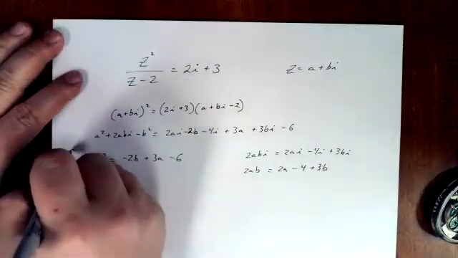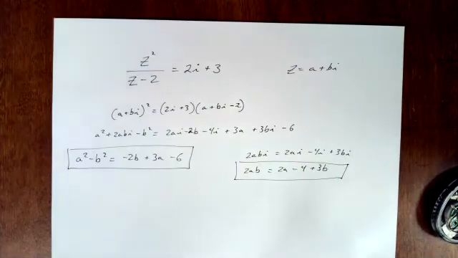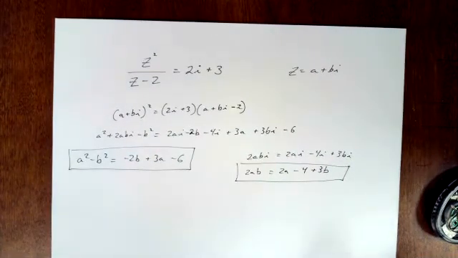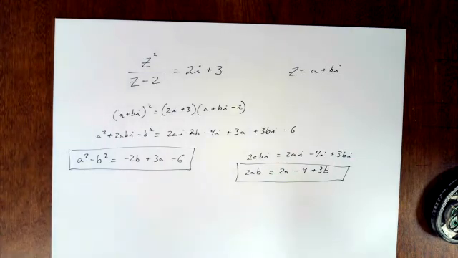And so now what we have is two equations with two unknowns. And at some point down the road in the real problem, you solve for A and B, probably by substitution or even elimination. All right. So conceptually, do you understand how to solve a problem like this?